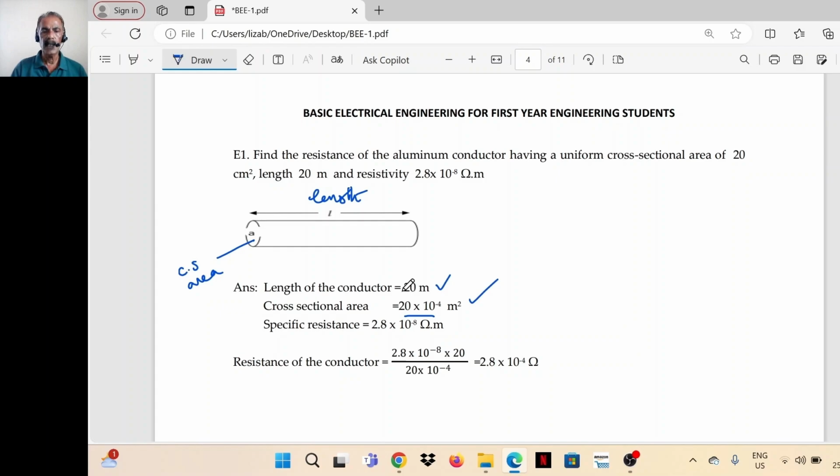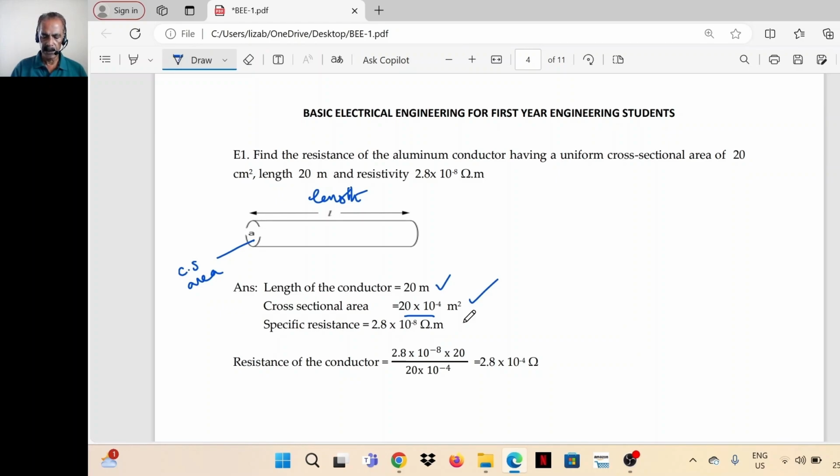So here the length of the conductor is 20 meter, which is in the correct unit. Cross-sectional area, 20 centimeter square, is to be converted to meter square. Resistivity is in ohm meter only.